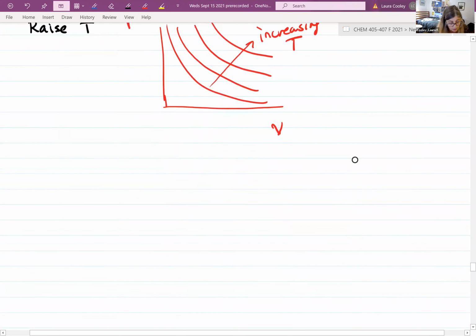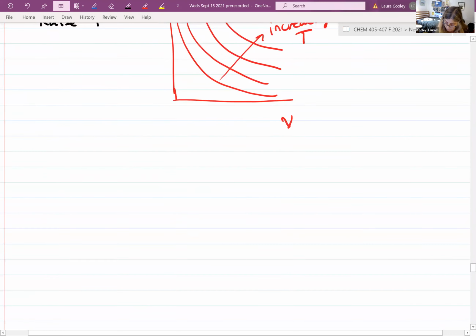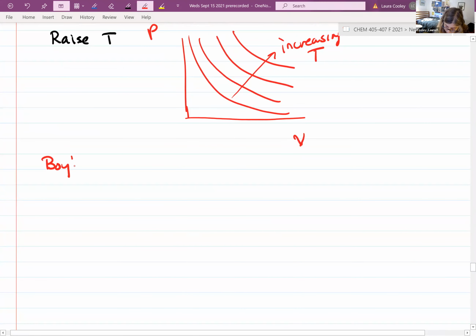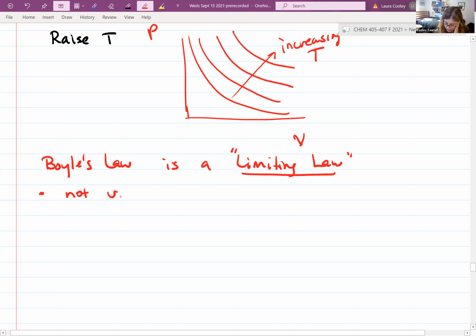All right, so another thing about Boyle's law, which I'm sure you did not learn in general chemistry, is that it is what we call a limiting law. And that is to say that it is not valid at all pressures. It's only valid at low pressures.